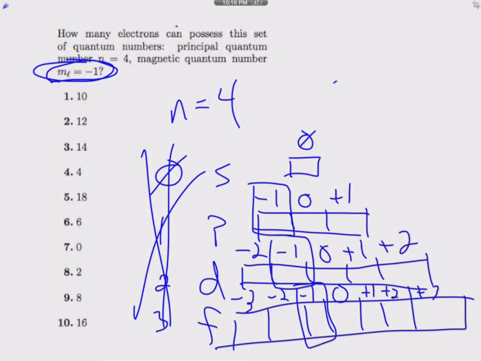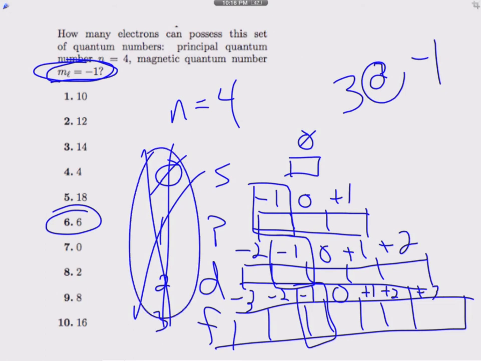Well, we have 3 with a -1 number. Each of those orbitals could hold 2 electrons, so 3 times 2 means there could be 6 different electrons with those 2 quantum numbers. They would have different angular momentum numbers, and they would have different spin numbers, but they would have the same principal number and the same magnetic quantum number.